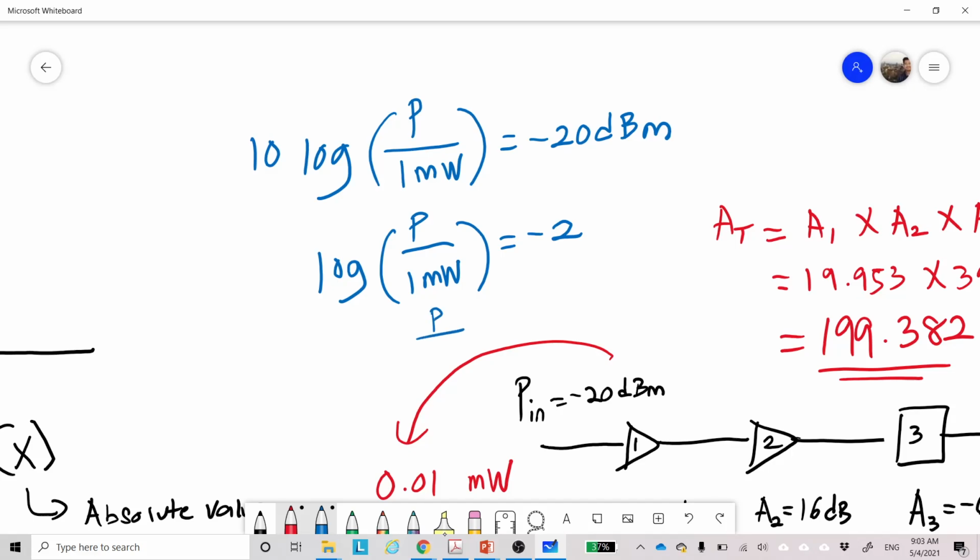P is equal to 0.01. But remember, this is in terms of milliwatt. Ini sebenarnya dalam sebutan milliwatt. Power dalam sebutan milliwatt.